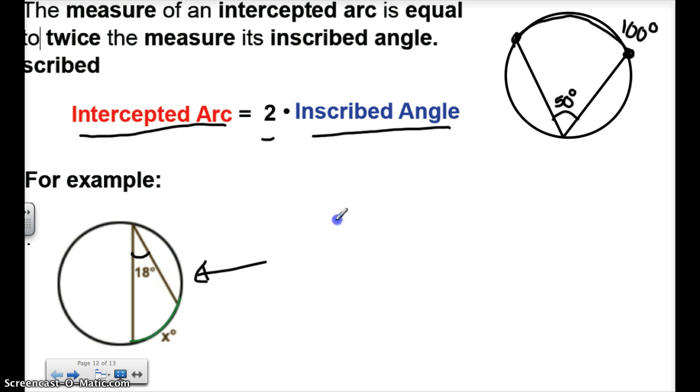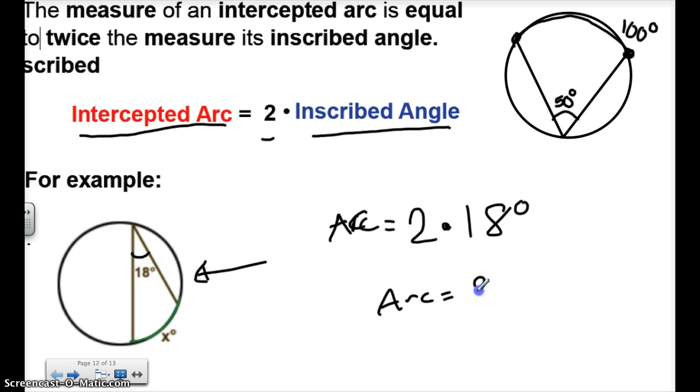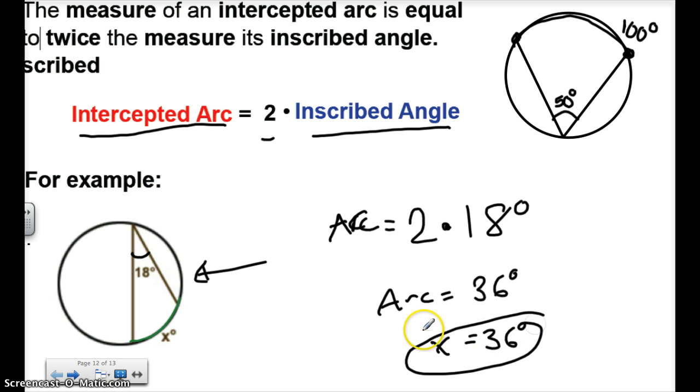Well, to find the intercepted arc, I'll just do 2 times the inscribed angle. And what's our angle in this case? 18 degrees. So the arc, our intercepted arc, would just be equal to 36 degrees, or x equals 36. That's it. We know this arc is 36 degrees. From here to here would be a 36-degree arc.